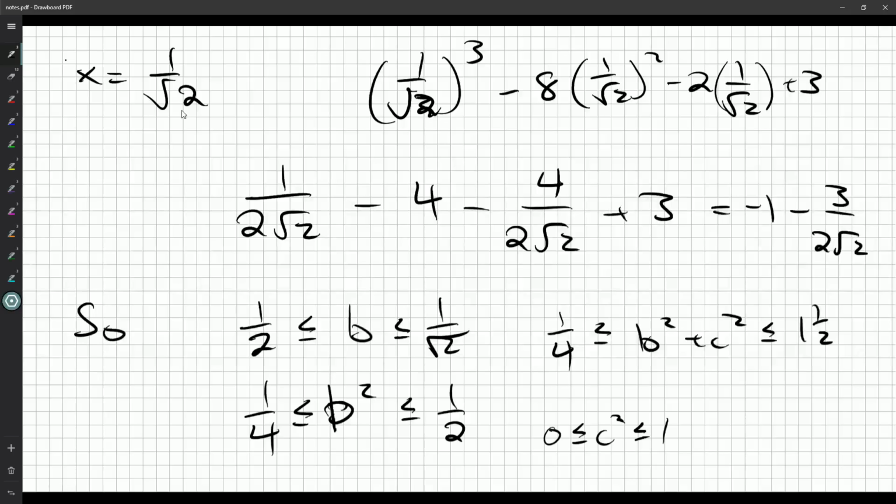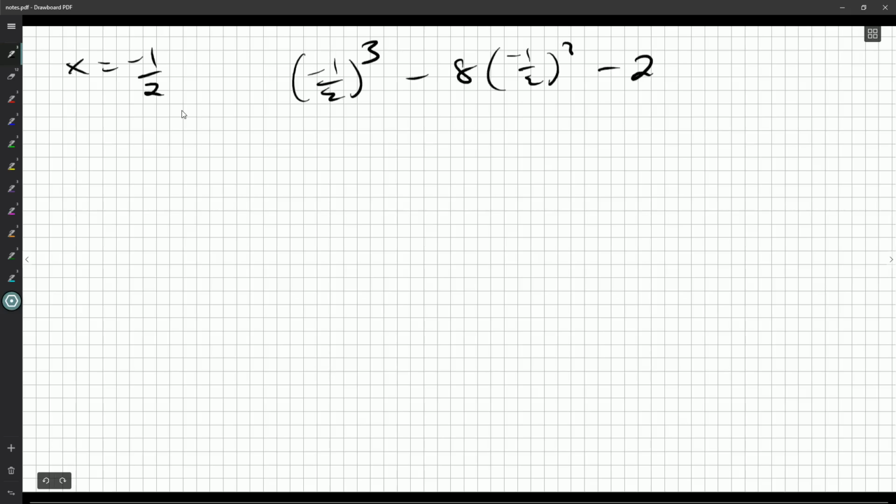Yeah, so it looks like 67 might be our answer, but maybe it's 68. We need to know a little bit more about c squared. So, what would work? I think a half should do the trick. So let's try x equals negative a half. Negative a half cubed minus 8 times negative a half squared minus 2 times negative a half plus 3.